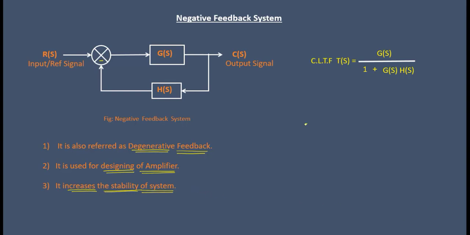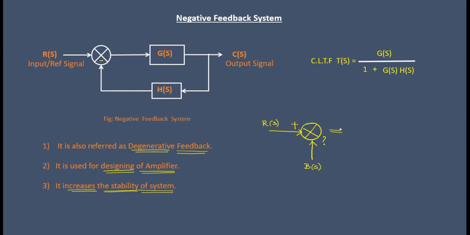In many examples, consider this as a summing point which has one input R(s). This summing point is also called a comparator or adder, and we have a feedback signal B(s). The input signal sign is positive, but the feedback sign is not shown.